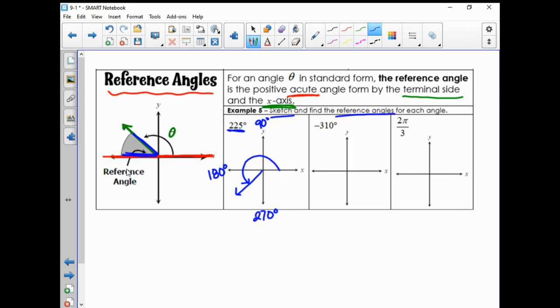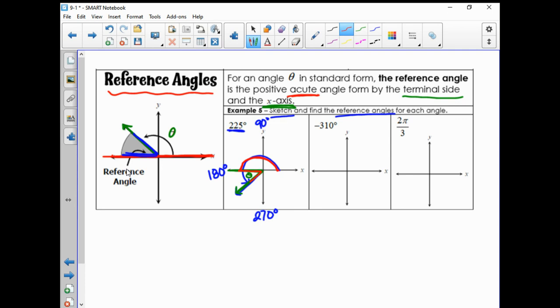Now, when I'm asked for the reference angle, again, remember, they're only wanting this terminal side and then the x-axis right here. So for this reference angle, I'm going to write a theta right there. That's what they're wanting me to find. So how do I find that? Well, it's kind of different for all of them, but on this one all I'm going to do is subtract 180 degrees, because I don't really care about that part.